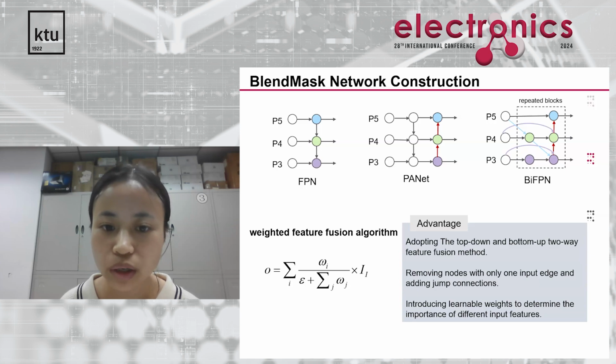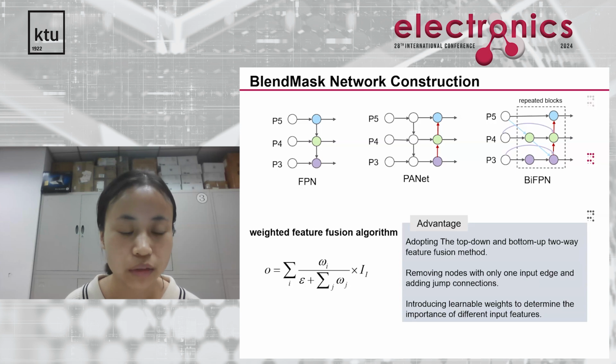Furthermore, BiFPN uses weighted feature fusion to fuse input feature layers of different resolutions, and the weights corresponding to input layers of different resolutions are also different.